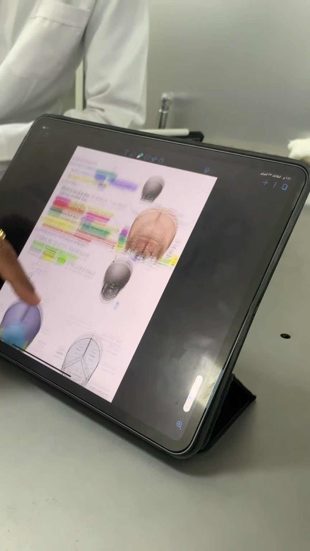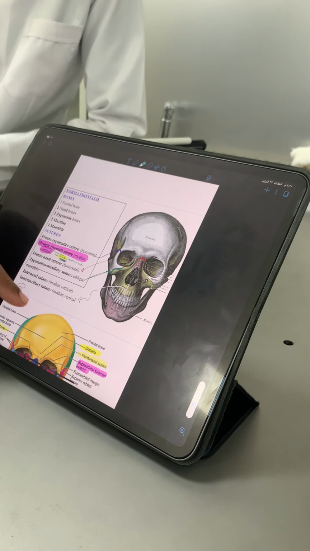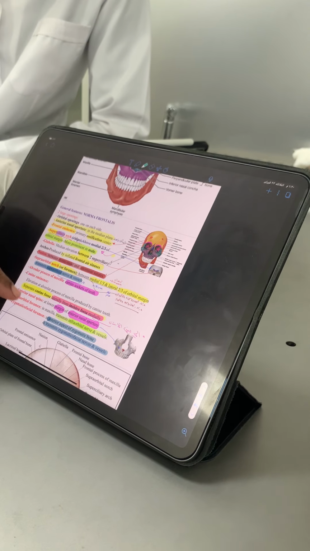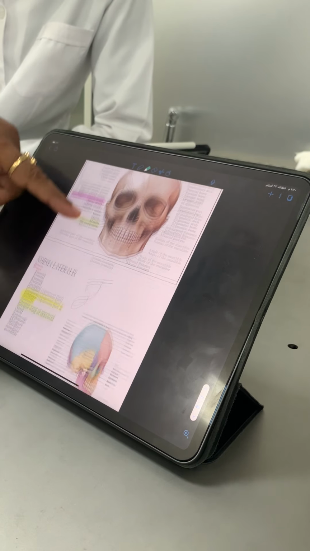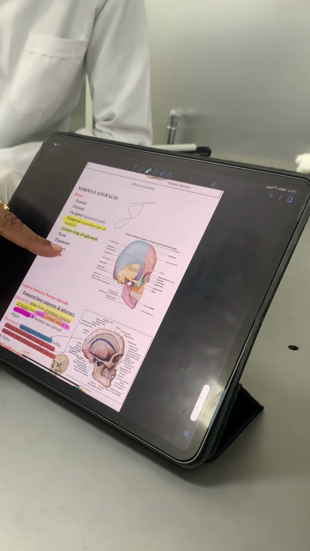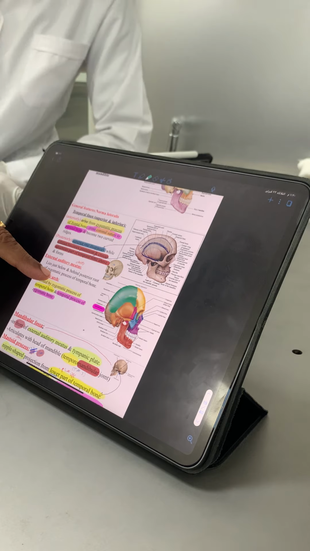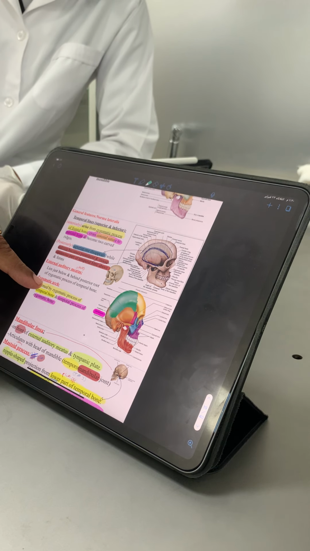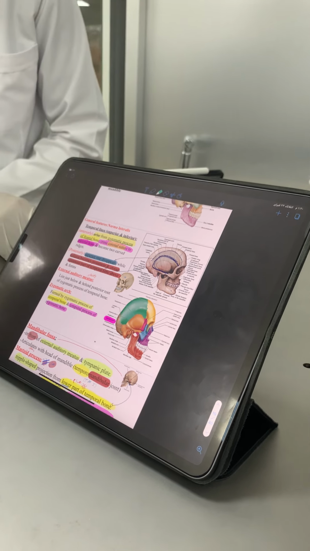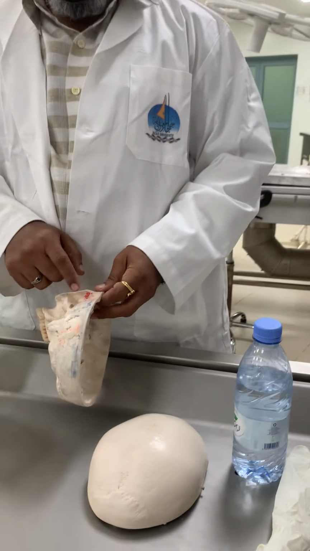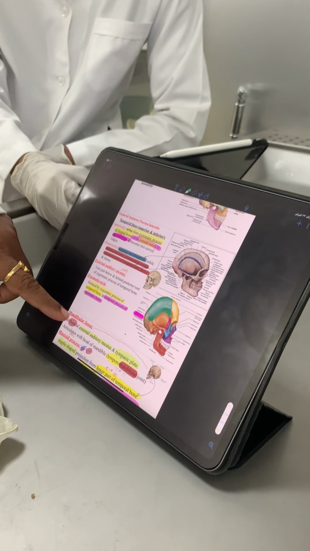Next, the facial bone. So what is this bone? Temporal bone. So you can write temporal bone. You can write anything.